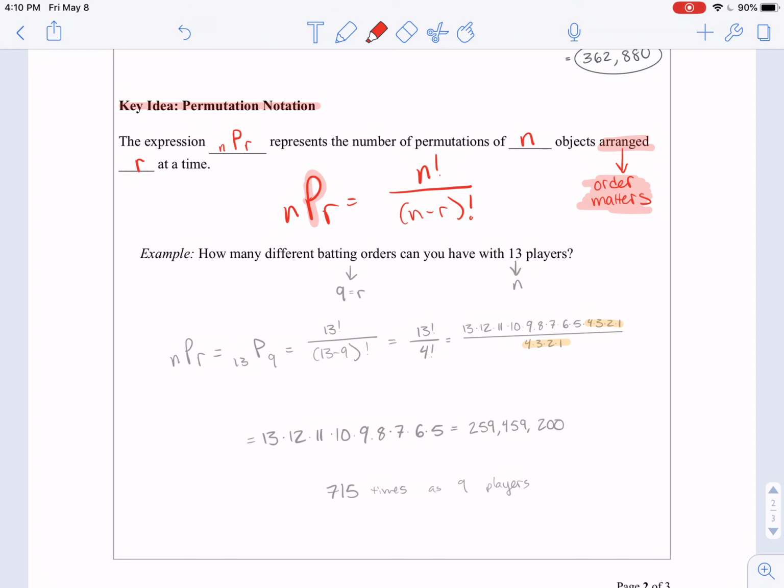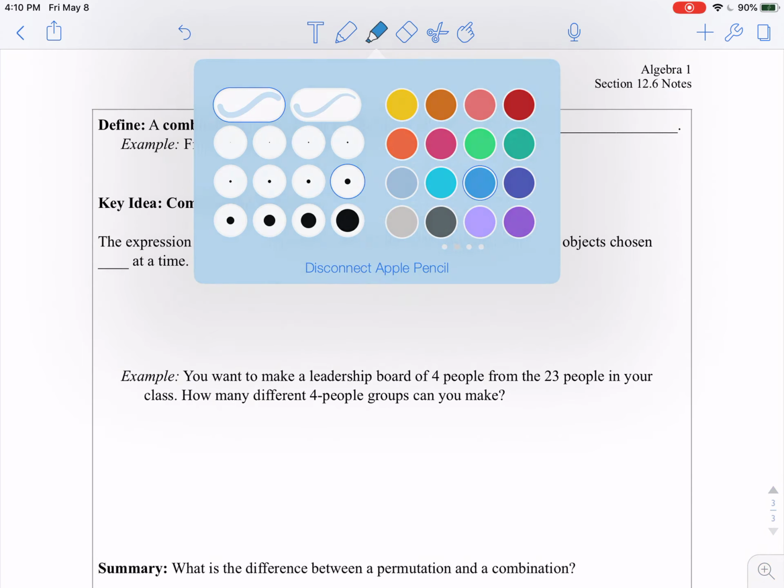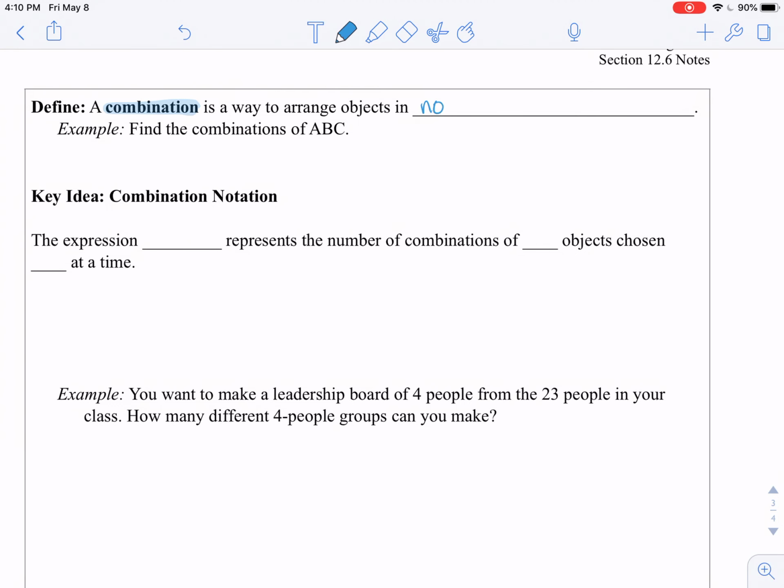What if order doesn't matter? Great question. If order doesn't matter, then we use what's called a combination because it will combine them. A combination is a way to arrange objects with no specific order, where order doesn't matter. For example, if we're looking at the letters A, B, and C, then ABC is the same thing as BAC, which is the same thing as CAB, because they all use the same letters.